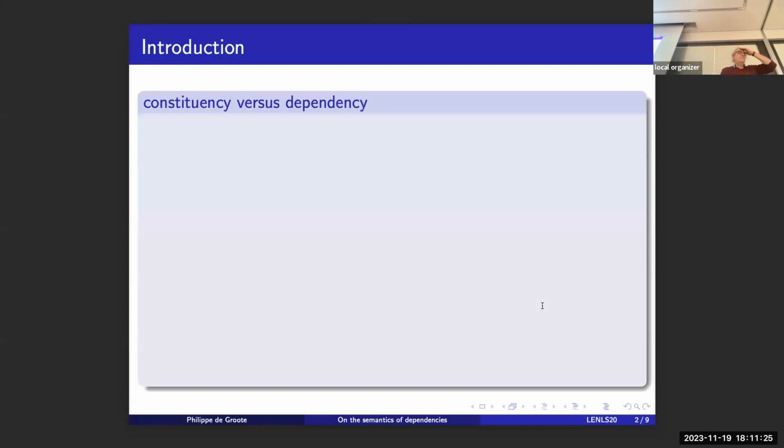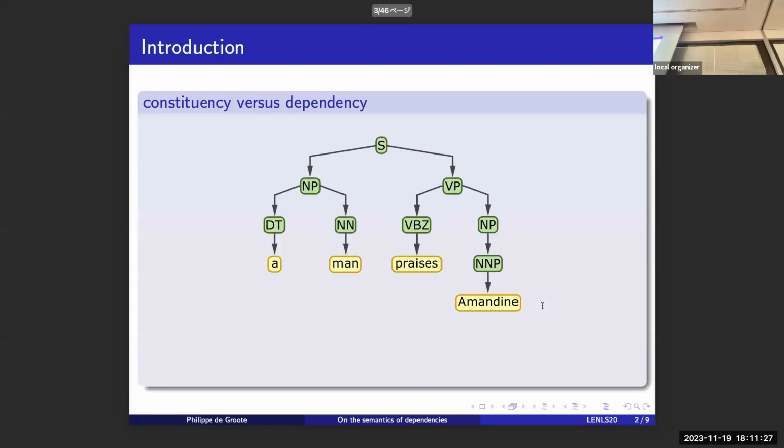Okay, so we are all familiar with constituency parsing when we obtain a tree like this. Montague semantics seems to be very tied to that sort of parsing.